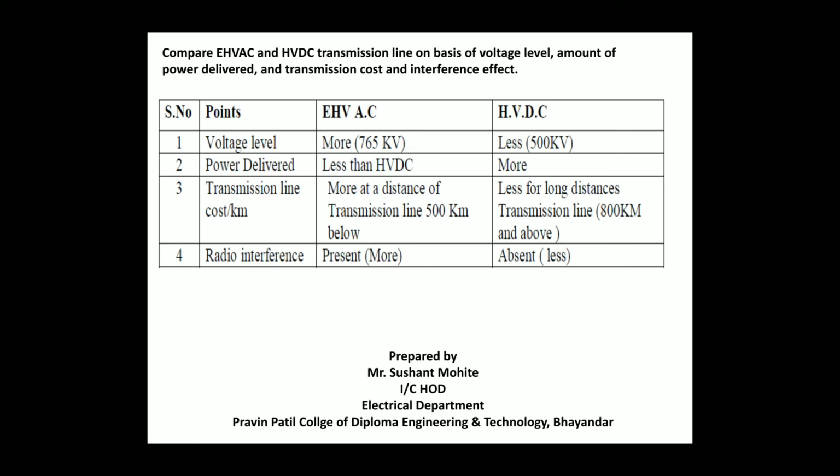Then power delivered: EHV AC is less, HVDC is more. Transmission line cost per kilometer: EHV AC is more at a transmission distance of 500 kilometer and below, HVDC is less for long distance transmission lines. Radio interference in EHV AC is present, in HVDC it is absent.